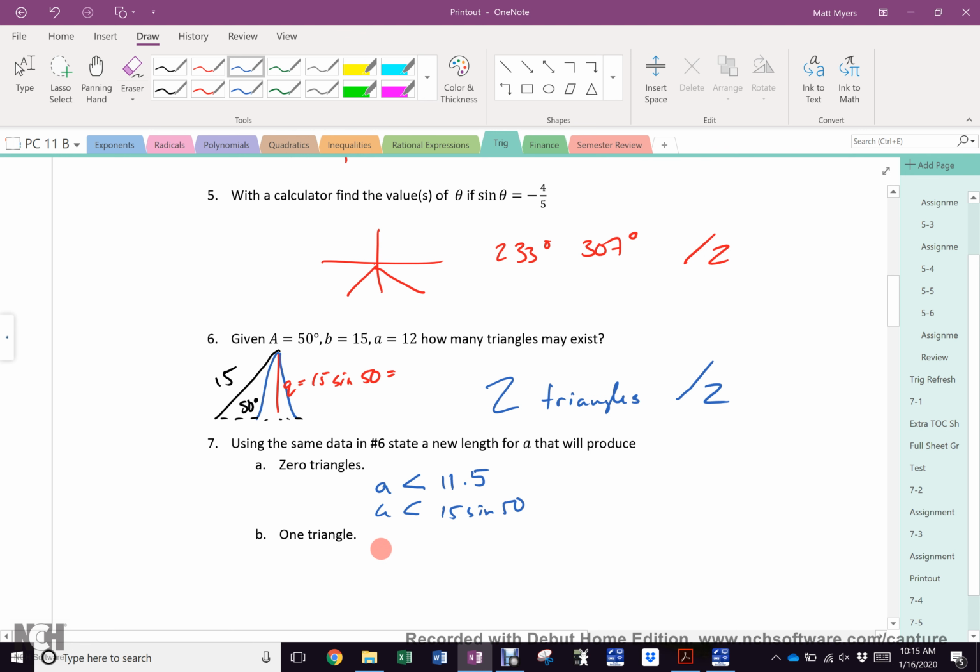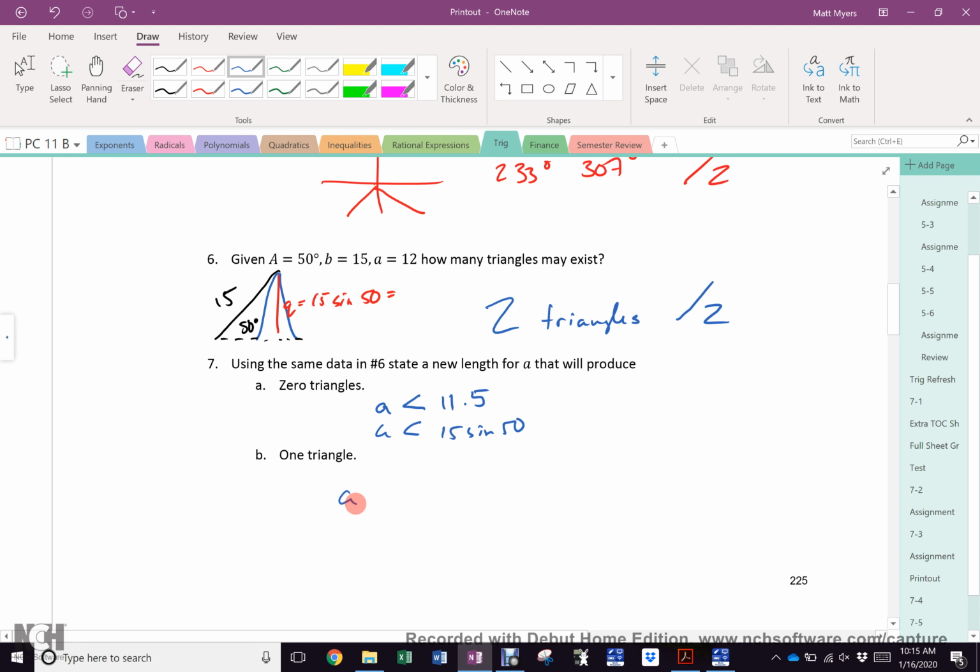Okay. 1 triangle, A is either equal to 15 sine 50, or A is greater than 15. So for those 2, I actually put just things that would work.